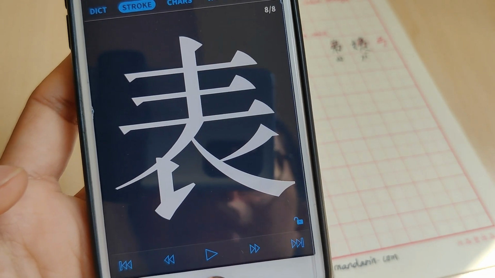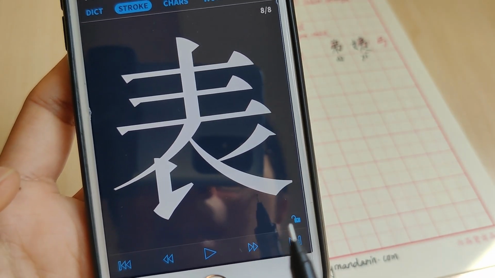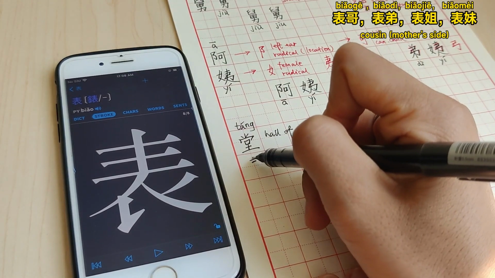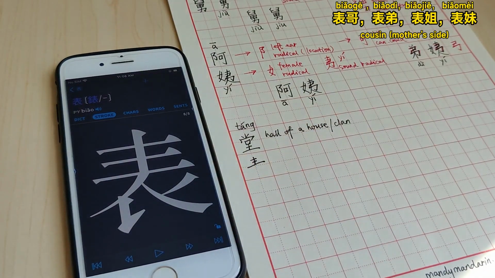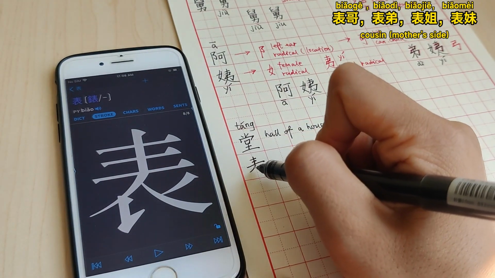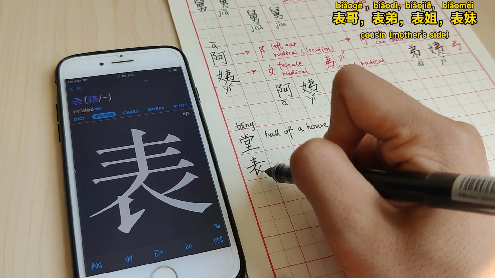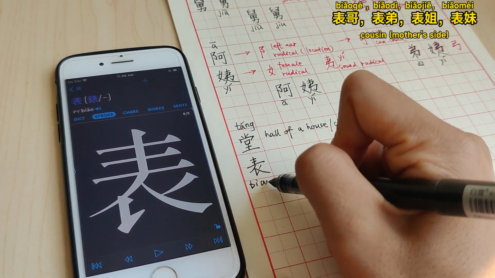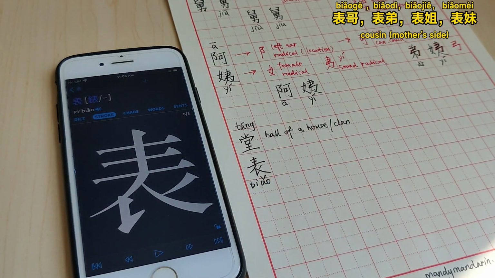This is how we write the 表. We go 1, 2, 3, 4. Here's the upper part of it. 5, 6, 7, 8. This is 表.